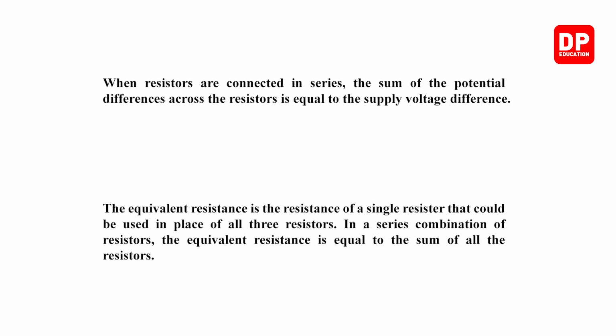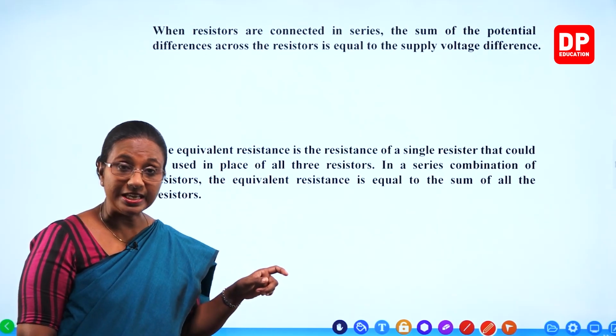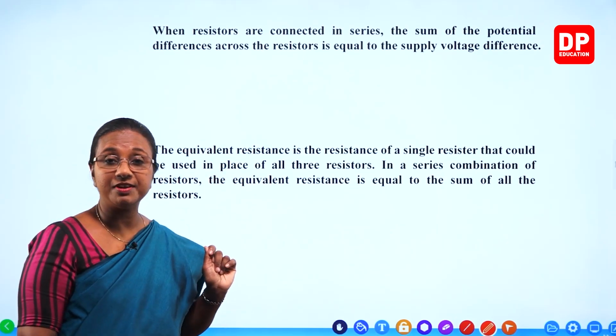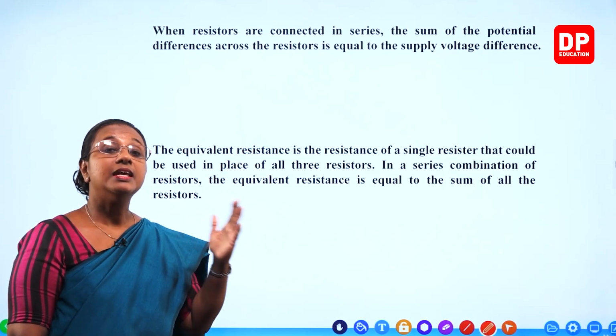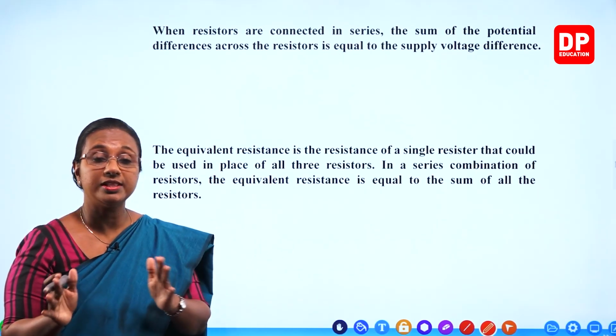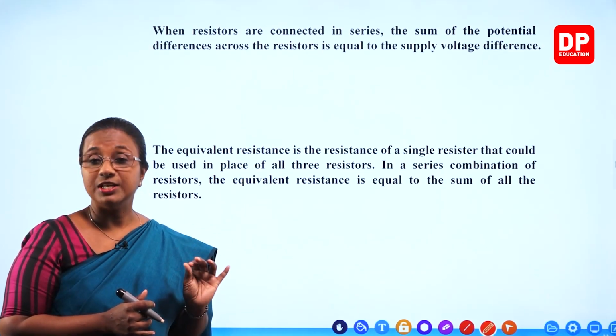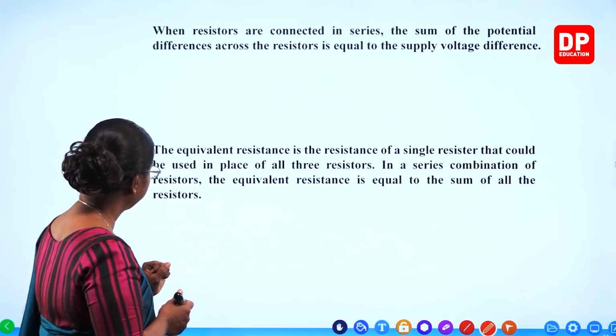So here, when resistors are connected in series, the sum of the potential differences across the resistors is equal to the supply voltage difference. So that is what I told you all. The potential difference V, that is the supply voltage difference, will be equal to the sum of potential differences across all the three resistors, which I denoted as V1, V2 and V3.